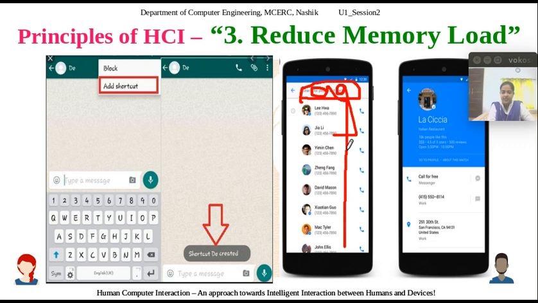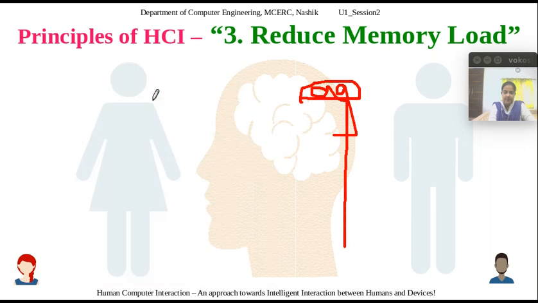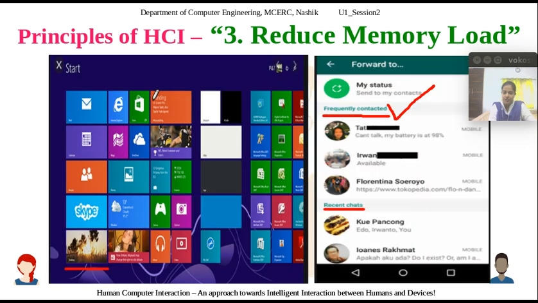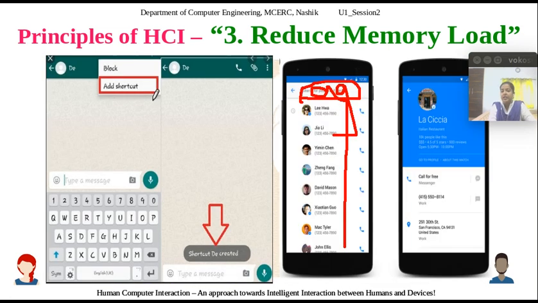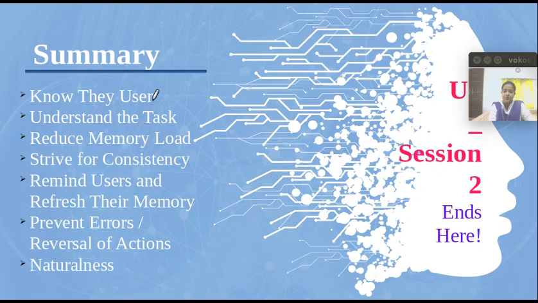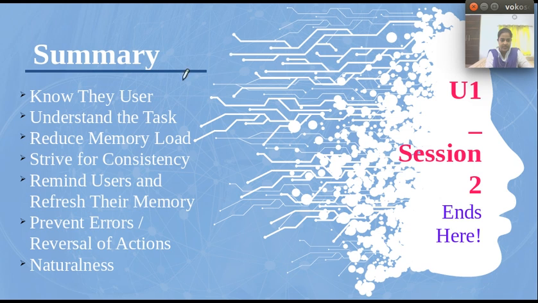So here we have seen some examples like the mobile screen, then adding a shortcut, and in the previous slide we discussed the Windows 8 GUI and WhatsApp's frequently contacted chats. So this is related to the first set of principles. In this session we have learned the first 3 principles of HCI.